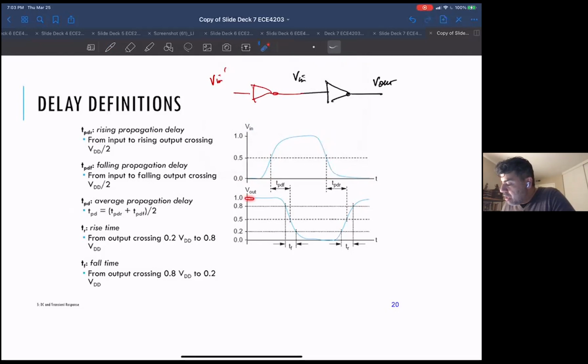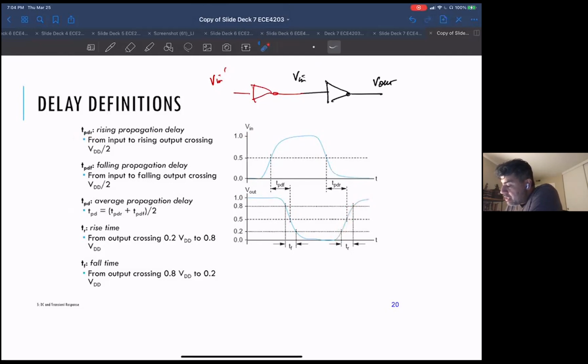And then our V out is an inverted version of the Vn. In this particular case, the supply voltage is 1 volt. So as Vn goes from 0 to 1 volt, the output drops from 1 volt to 0 and vice versa. And then you have these definitions of delay. You have the propagation delay. You have the rising propagation delay, which is when the output is rising.